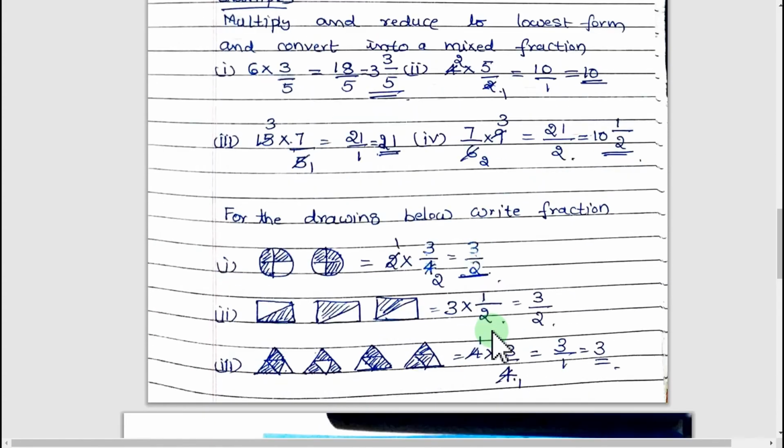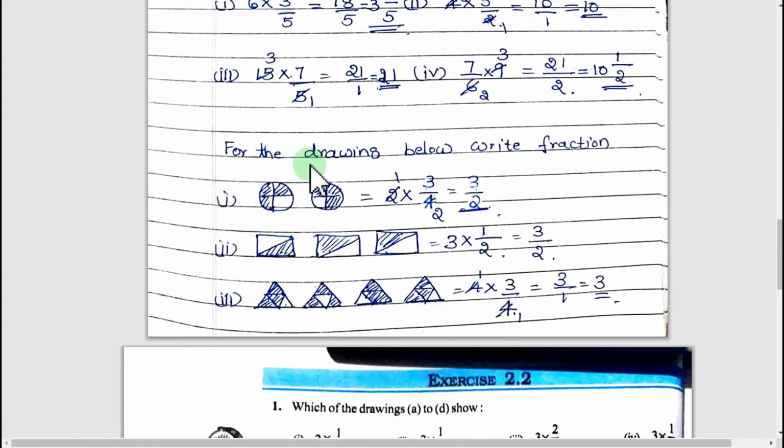Now we can write a drawing in fraction form. See here, 2 circles are there. Circles are divided into 4 parts and 3 parts are colored, and here also 3 parts are colored. Now how to write this as a fraction? Here 2 indicates 2 figures, 2 circles are there. 2 into, then how much part of this circle is shaded or colored?